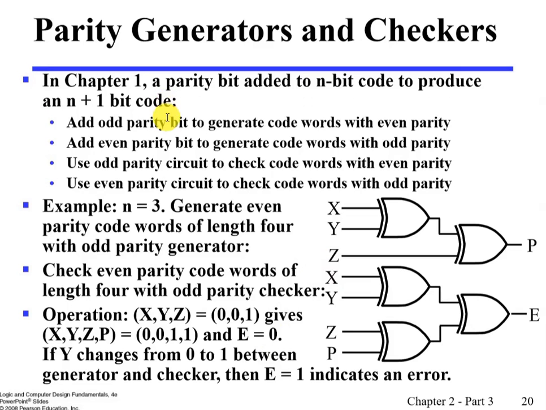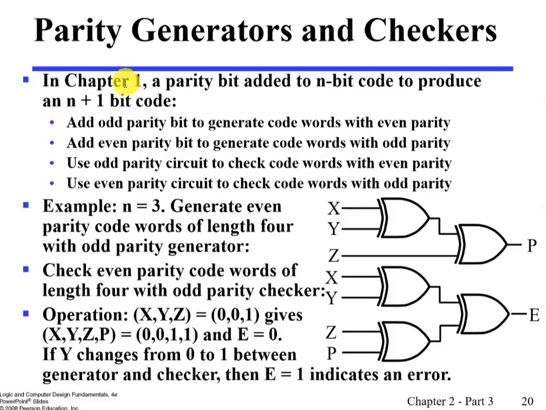We can use exclusive OR operators as parity generators and checkers. If you remember in chapter 1, we had one example where a parity bit was added to an n-bit code to produce an n+1 bit code, right?